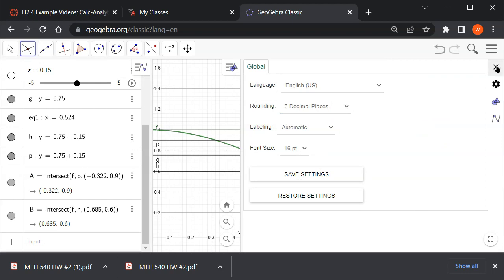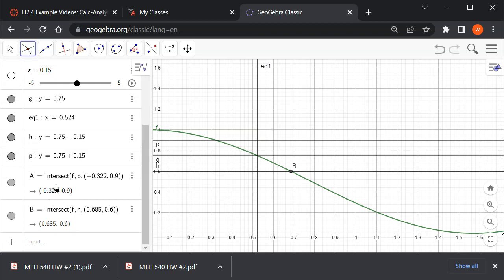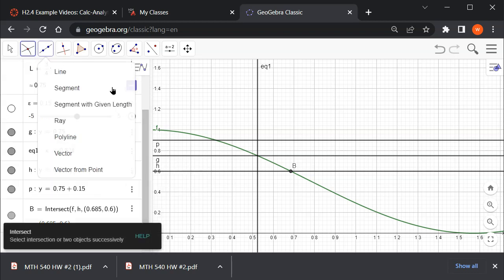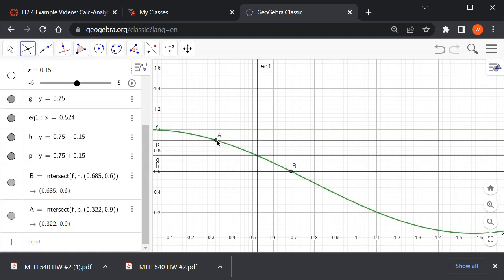Actually, the intersection point moved, and I have a wrong one, so I'm going to have to redo that one. I want it right there, so I'm going to click on that. I missed that one. Click on that, and we have A. It's at 0.322, and the other one is 0.685.